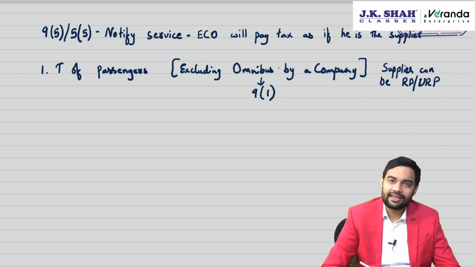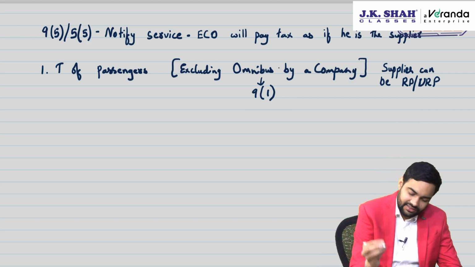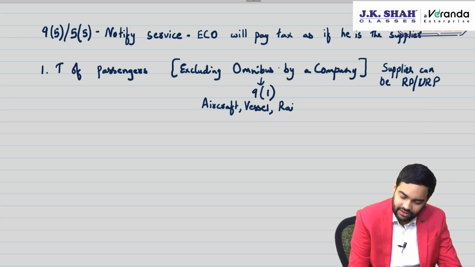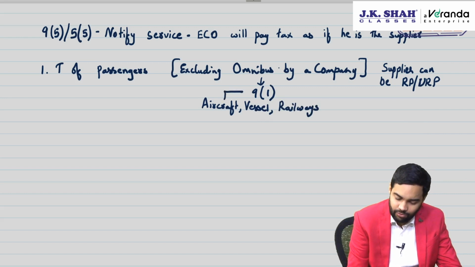Sir, what about aircraft and vessel and railways? No, here there is no coverage of aircraft, vessel, railways, because as per the Motor Vehicle Act, these are not regarded as motor vehicles.